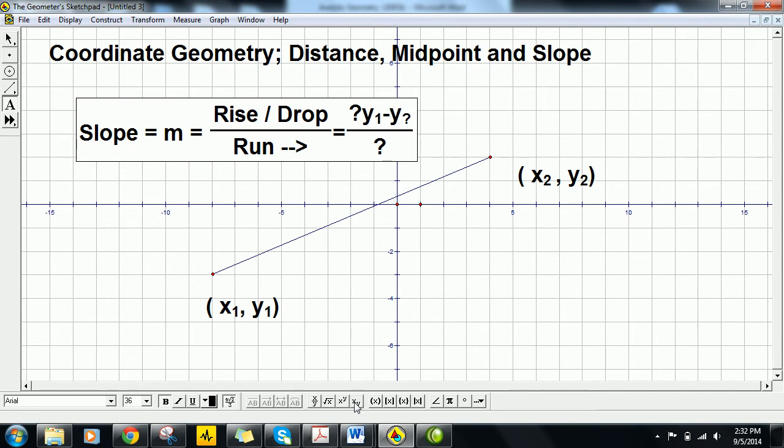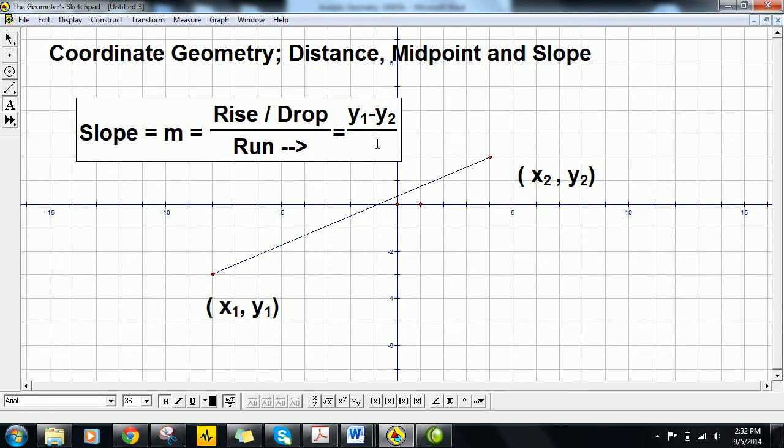Now we can also do that in the other direction, as long as we're consistent with our x values in the run, which we'll do now, right? So that's one of the two ways to describe the rise, right? So it moves from left to right, from this y value, y1, to this y value, y2. Therefore, the difference, basically the length of this piece right here, would be y2 minus y1, really, or the absolute value of y1 minus y2.